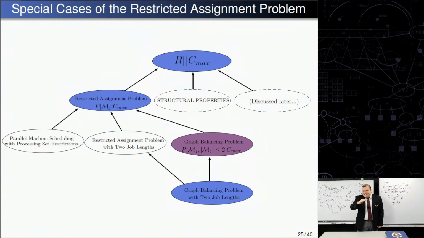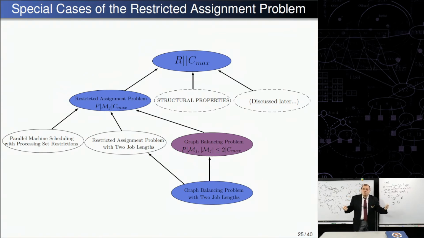Now I'm going to address the next row of my chart here, and I just want to highlight 2 things. First, I already talked about 2-length restricted assignment. I want to mention this so-called case called parallel machine scheduling with processing set restrictions. This is a special case where, you notice how my eligibility constraints, my processing sets, are completely arbitrary in the restricted assignment problem.